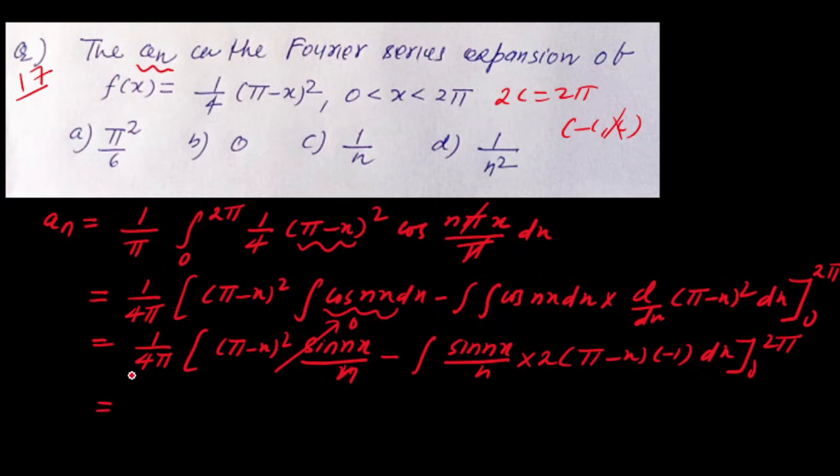I will get 1 by 4 pi here, right? I am simplifying, so be careful, and we have minus 2 by n from this and minus this, so I can take this also, so it will become plus, right? So I will get plus 2 by n, and I will have the integration from 0 to 2 pi, and now I will have pi minus x sine nx dx.